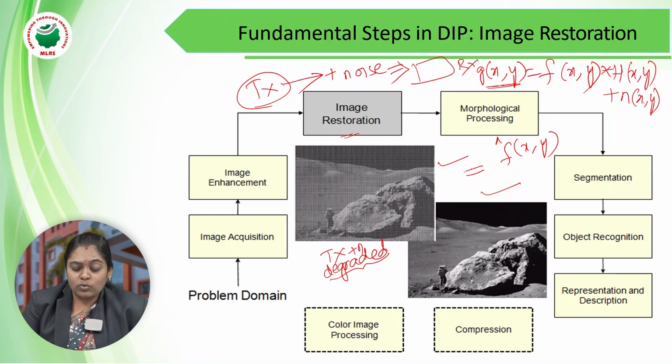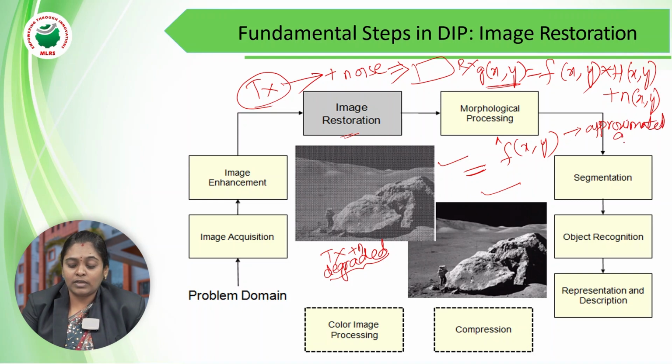Truly speaking, we won't get f of x comma y as the output of image restoration, but instead we'll get f cap of x comma y, which is the approximated input image. Meaning 99% of the data present in the input image will be present in the approximated input image. If you observe these two figures, the first figure is the degraded image which has been given as input to the restoration filter.